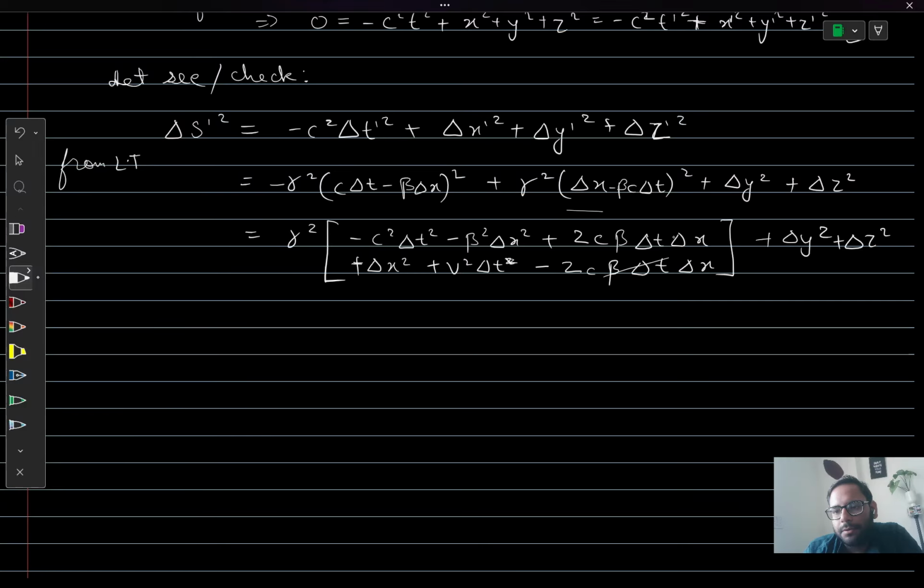Now you can see this whole quantity cancelled out, and the remaining quantity is this, and from where we can take the common delta t squared and delta x squared. So you can take common delta t squared first. So it will be v squared minus c squared, and when you take the delta x squared common, you will see 1 minus beta squared is here.